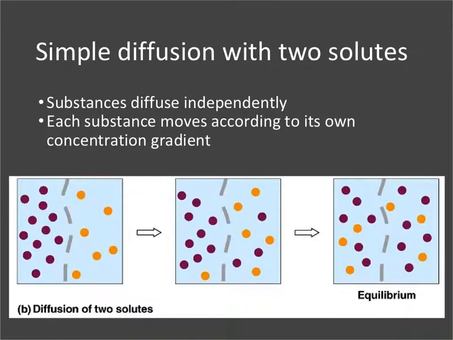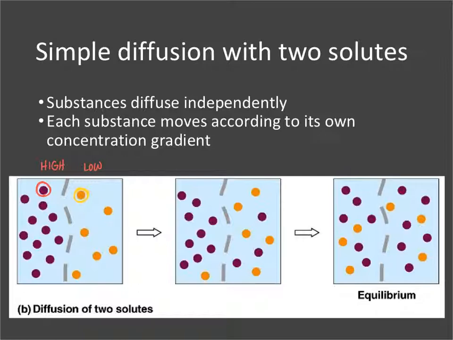Interestingly, substances are going to diffuse according to their own concentration gradient. So if we look at this picture here, we see that we have these kind of purple or reddish circles here, and these kind of yellow or orange circles here. And for the red molecule, the high concentration area is on the left, and the low concentration area is on the right.